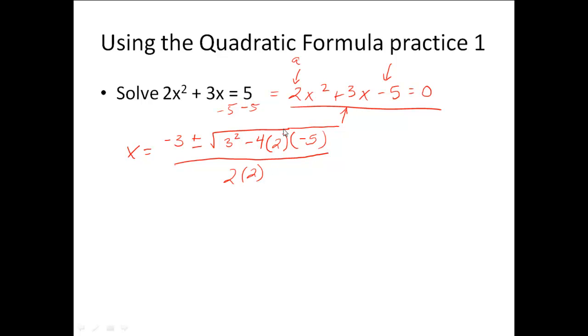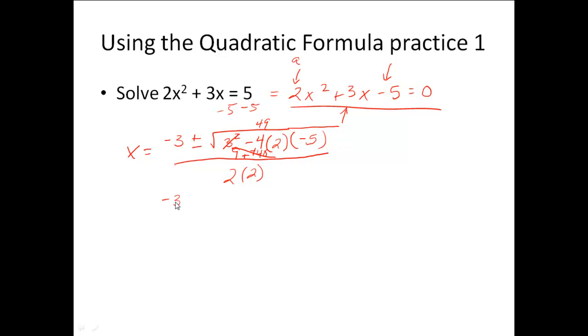Once you get all of your numbers filled in there, it becomes a matter of calculation. So I'm going to start inside my radical, and I'm going to simplify this out. So 3 squared is really 9. Negative 5 times 2 times 4 is negative 40, so I have minus a negative 40, which turns into plus a positive. So underneath my radical, I end up with 49.